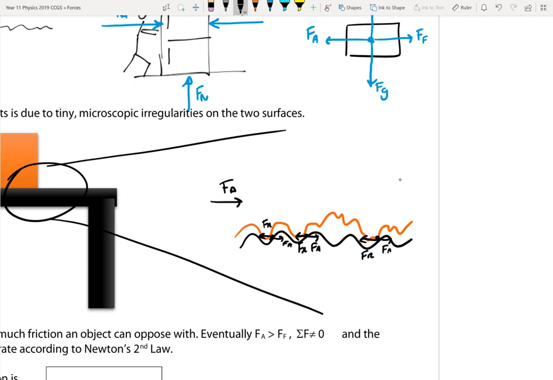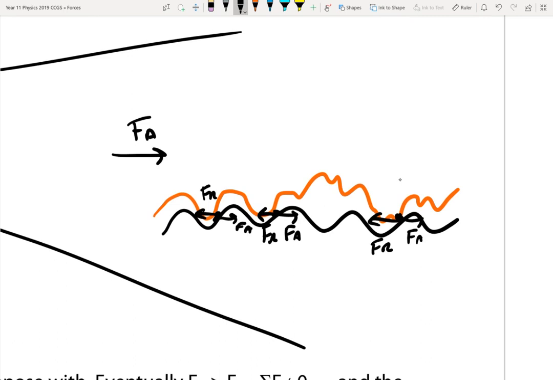You can lubricate the surfaces. You can fill the gaps with a fluid, with oil, so that it slides across the top. Oil being incompressible, it basically floats atop it. So there are ways to minimize friction. There are ways to increase friction. It comes down to whether you want these cracks and crevices or whether you don't want them.